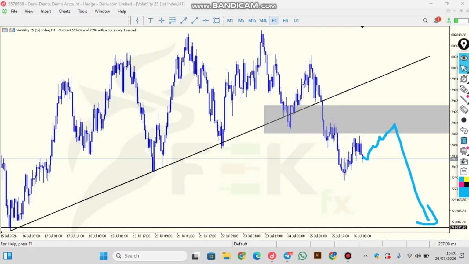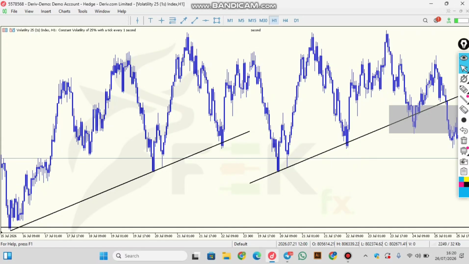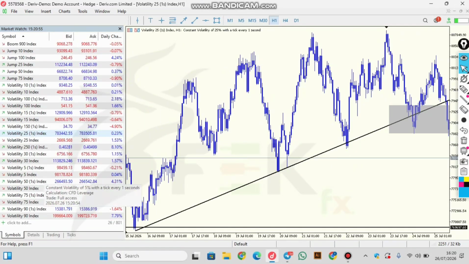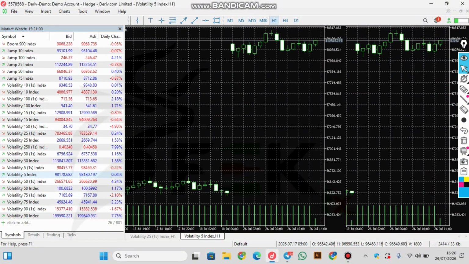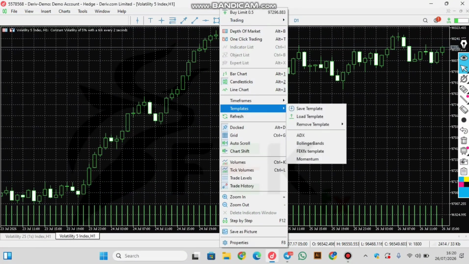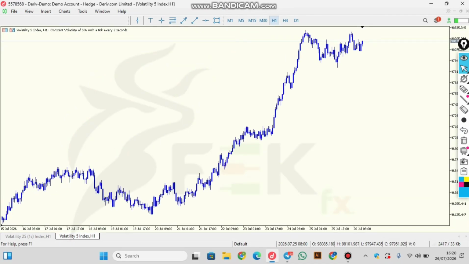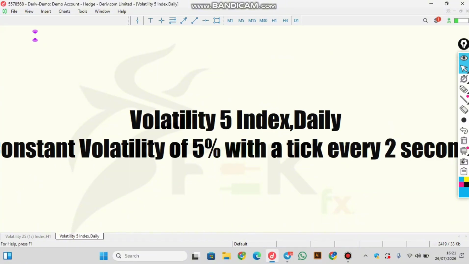The next pair on my list is V5, Volatility 5. We now have a lot of volatilities, some new ones that were just added. You might not see them on TradingView, and that is why I love using MT5.